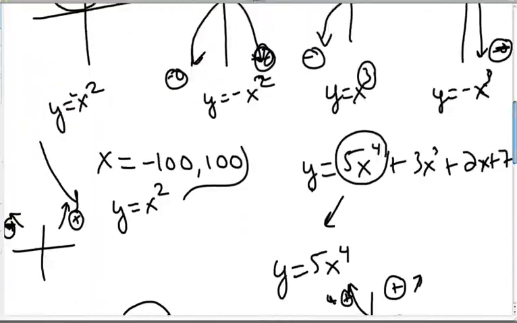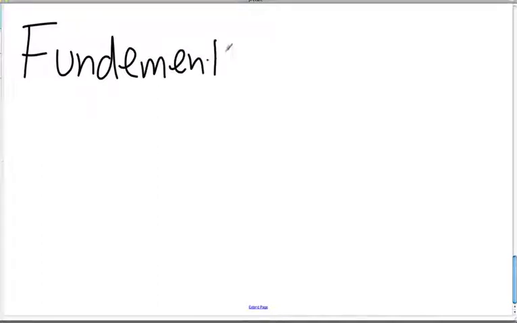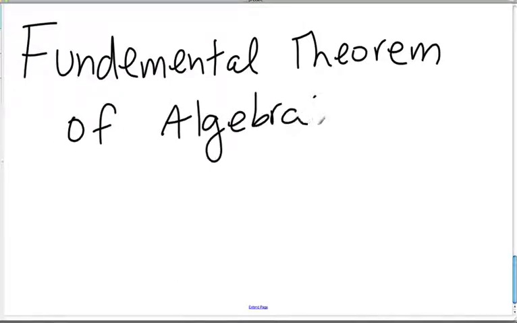Is that the end? My friends, it is not. And that is because of the fundamental theorem of algebra, which says that the degree of a polynomial will be the number of solutions.